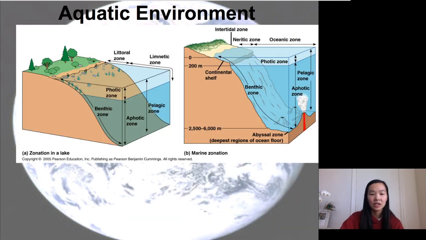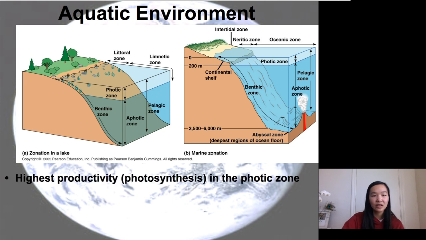Okay, so just some terminology about aquatic environments. The picture on the left is a lake, the picture on the right is ocean, and they're pretty similar in how you label them, just a little bit different. We've got some extra parts for our ocean picture.